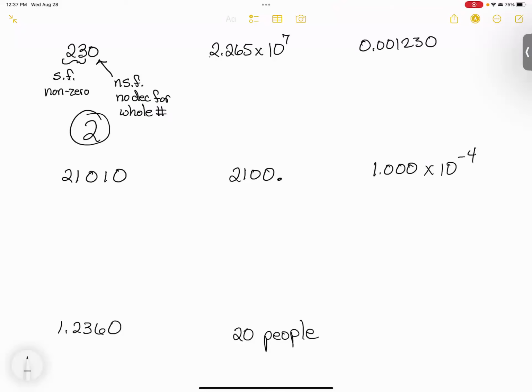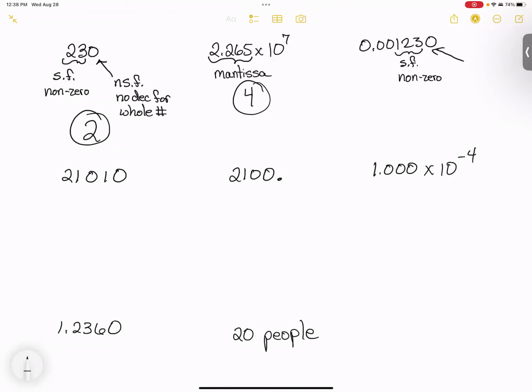This next one, again, this is the mantissa of a number in scientific notation, and all digits in the mantissa are significant. So there are 4 significant digits in the second one. Okay, the 1, 2, and the 3 are significant because they're non-zero.